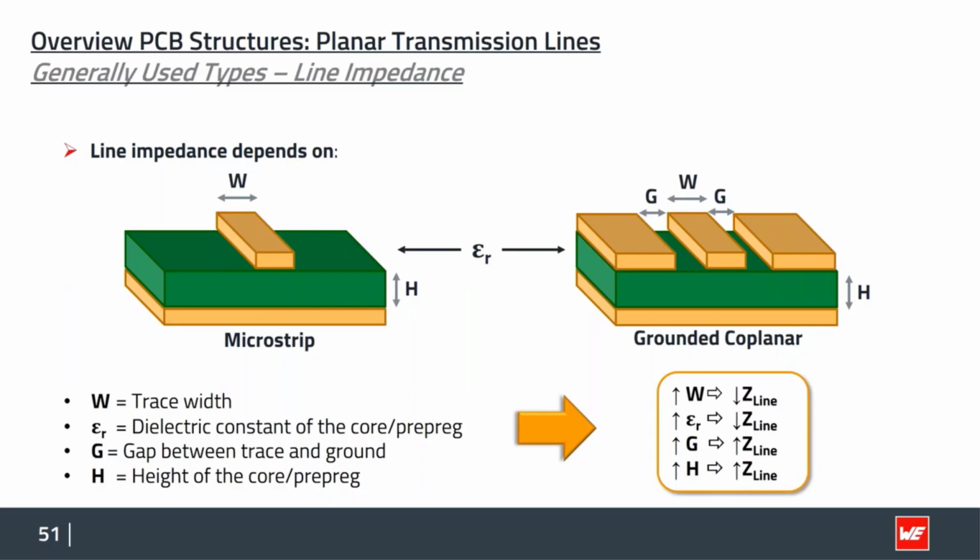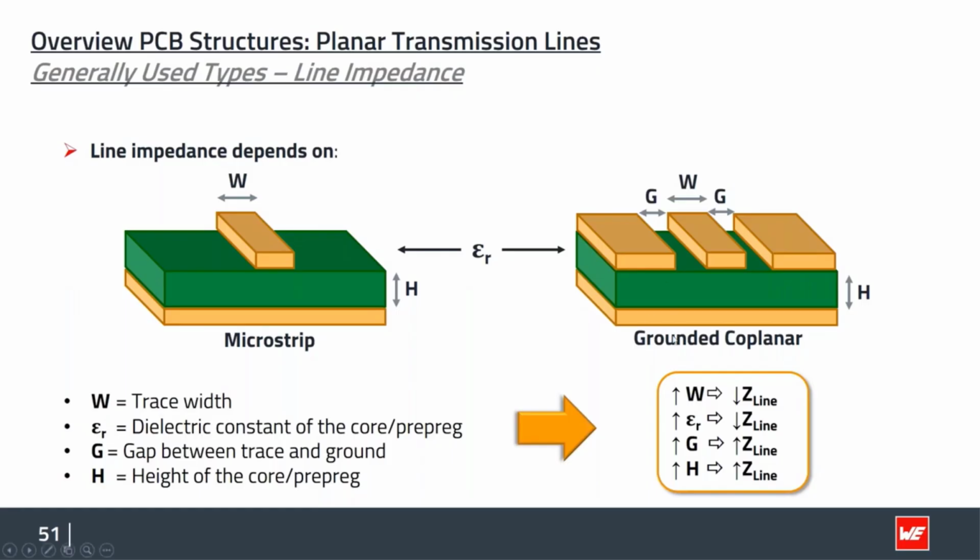If I increase the gap between the transmission line and the ground planes on top in the grounded coplanar waveguide, my impedance will increase. And if I increase my substrate height, my impedance will also increase. Always given, of course, that the other parameters stay stable, because they influence each other. So if you change everything, everything will change, of course.